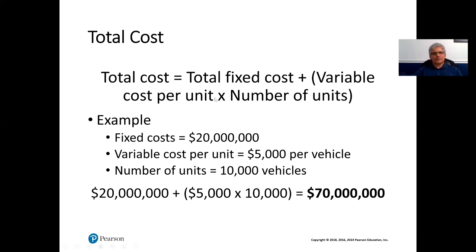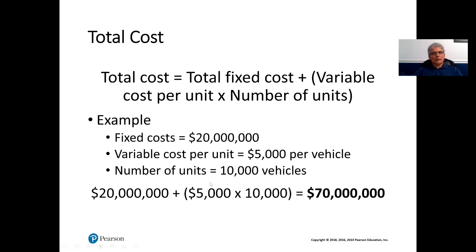I think we can. Our total cost is made up of our fixed cost. Well, we know what our fixed is. They gave that to us. We're going to add to that our variable cost per unit, and then multiply it by the number of units: $5,000 multiplied by 10,000 units.